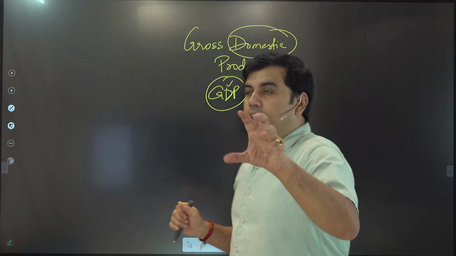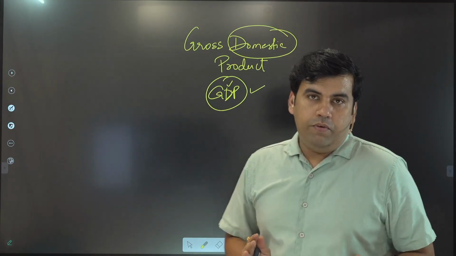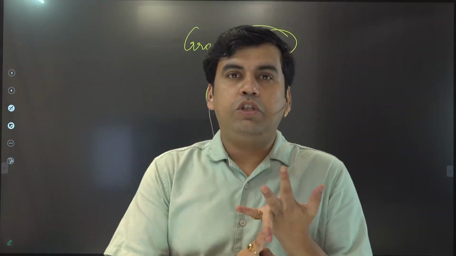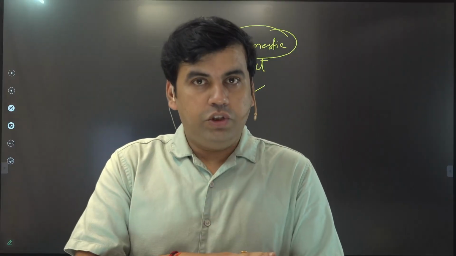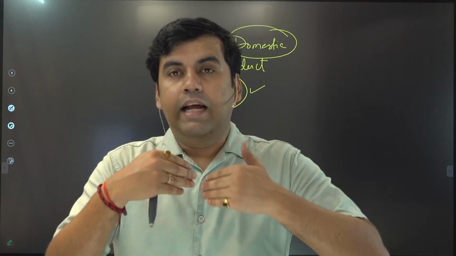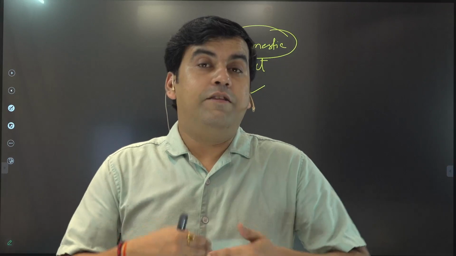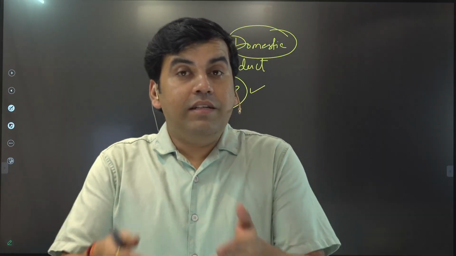Okay, so when we say that GDP equals the total sum of income, expenditure, or product. You can use any method. The total sum of expenditures, income, or production that has been created, or has been generated over the last 1 year in the domestic territory of a country. Now, what is this domestic territory?